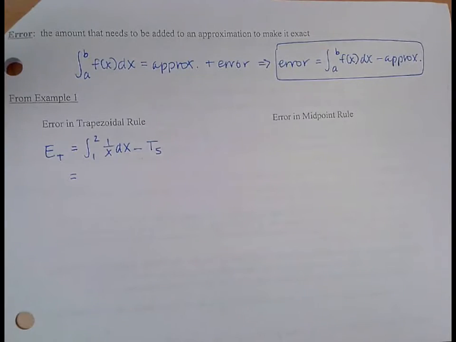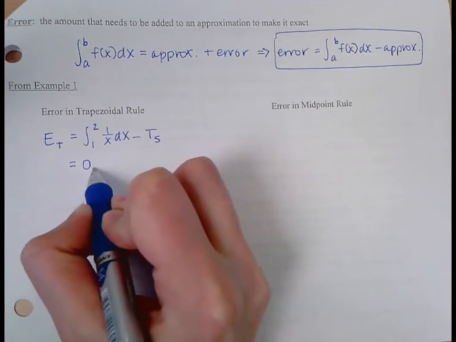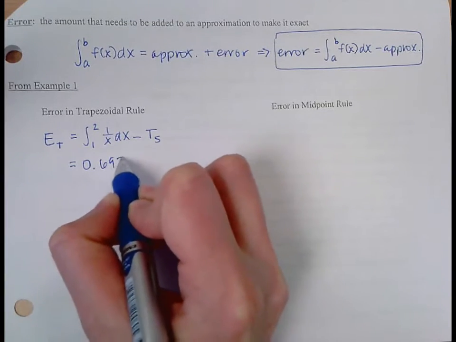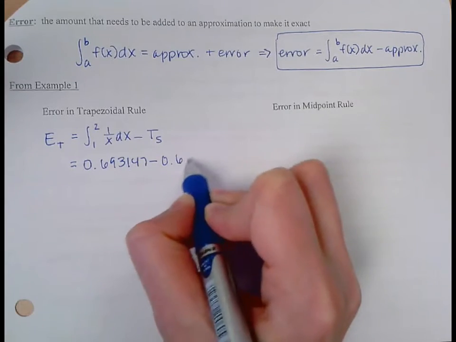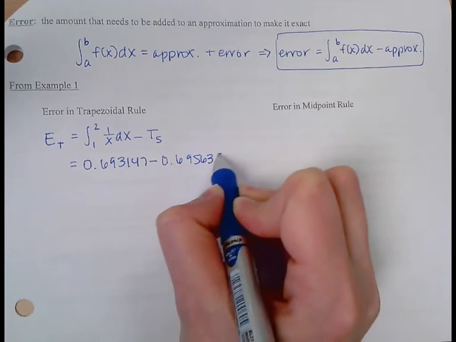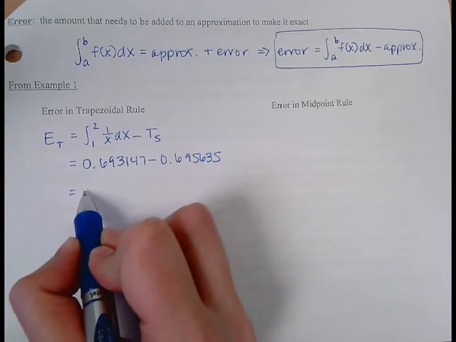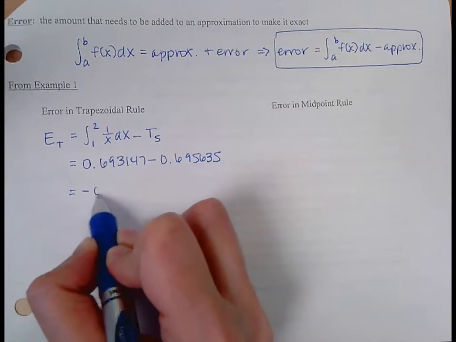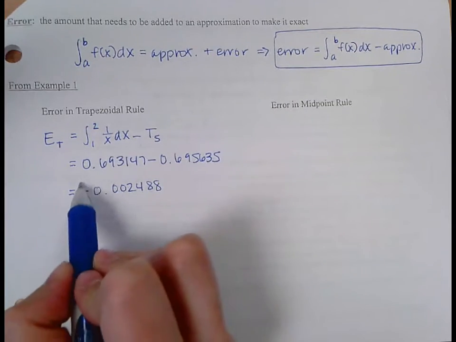Since we rounded both to 6 decimal places, I'm just taking 0.693147 and subtracting 0.695635. So that error comes out to be a negative 0.002488.